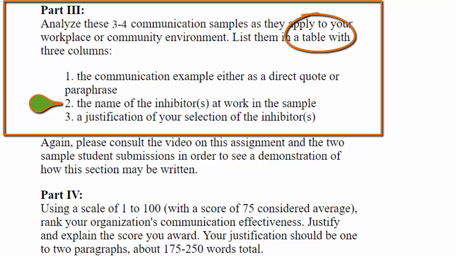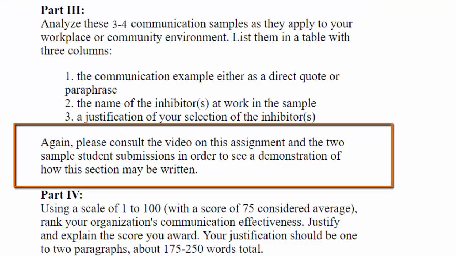And there might be more than one inhibitor or barrier at work at any given sample. On the right-hand side, you write out in your own words why you think it is that inhibitor or that barrier that was at work in that communication attempt. Again, looking at the model paper is going to help make this much more clear.